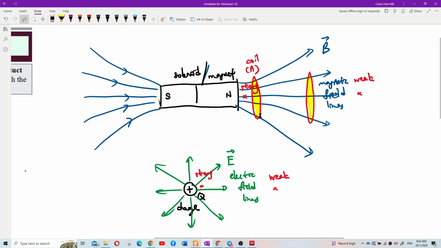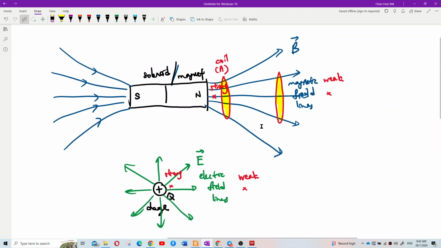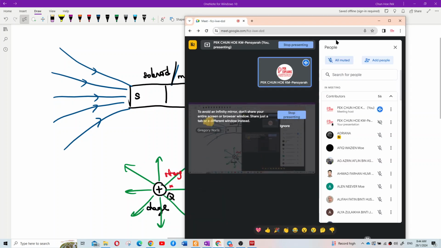Which one has more magnetic flux? Of course the first one, isn't it, class? The first one or the second one? Coil 1 or coil 2?